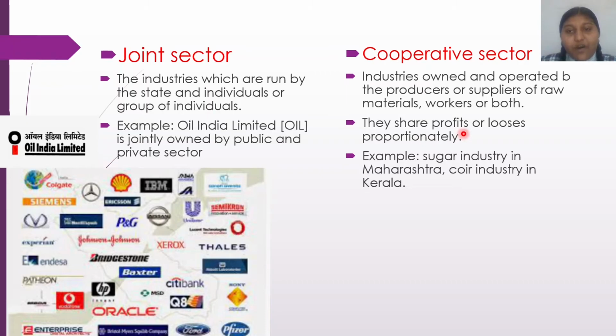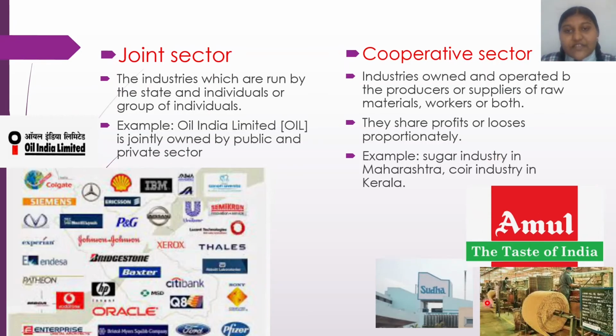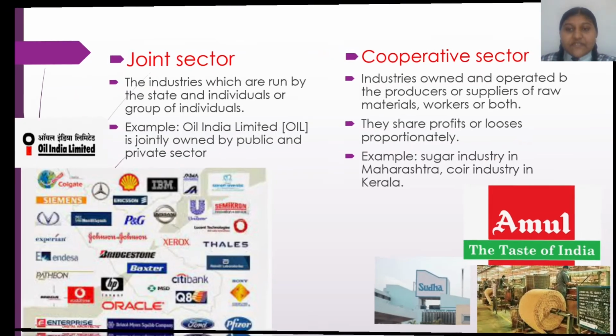They share profits or losses proportionately. So the profits or losses are shared among them proportionately. Example: sugar industry in Maharashtra and coir industry in Kerala. And here are some other examples of cooperative sector.